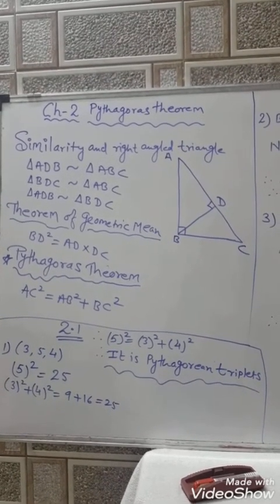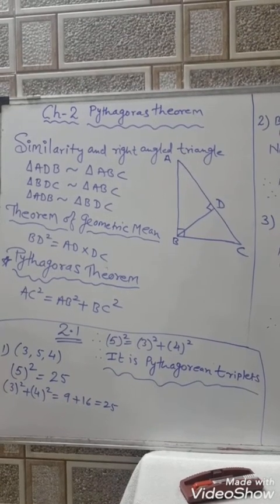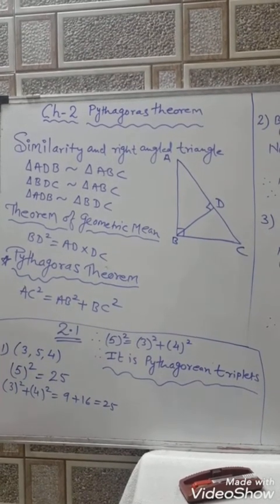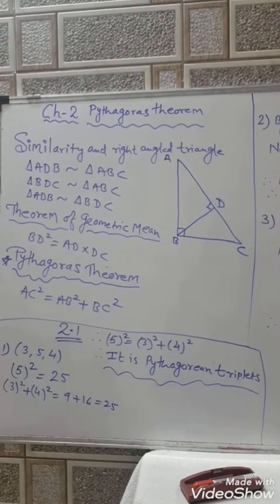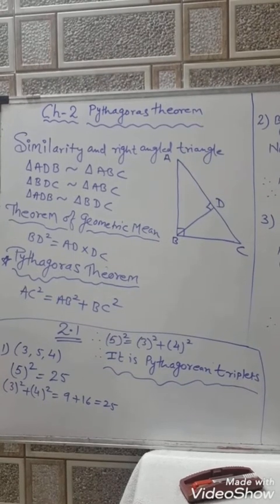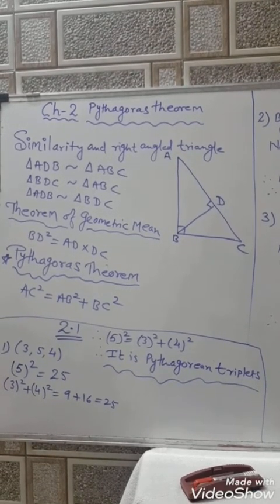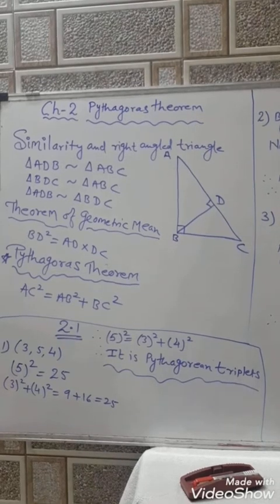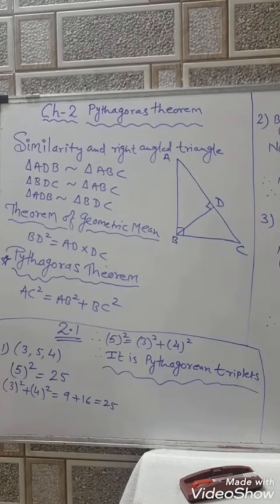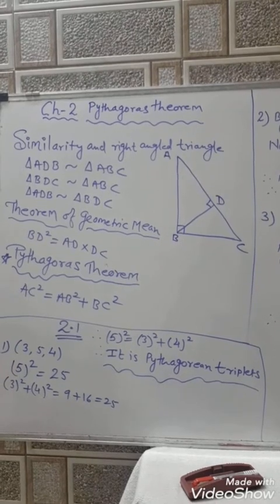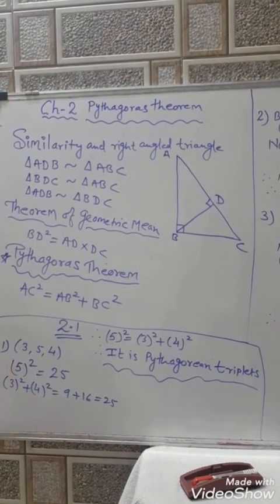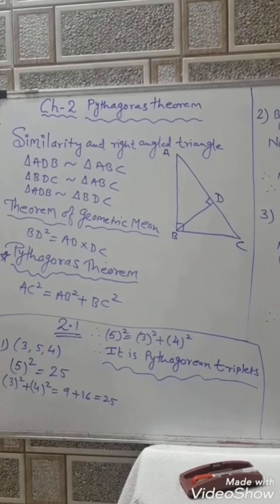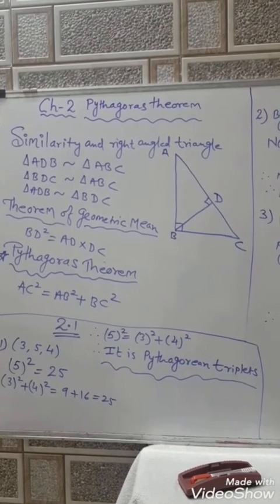So first we prove the triangles are similar. Then we write down their ratios, which are equal. If the ratios are equal, we do the cross multiplication. After the cross multiplication, we add the first and second parts and we prove this theorem. In the next video, I prove the whole theorem of Pythagoras. Here we just use it as a formula.